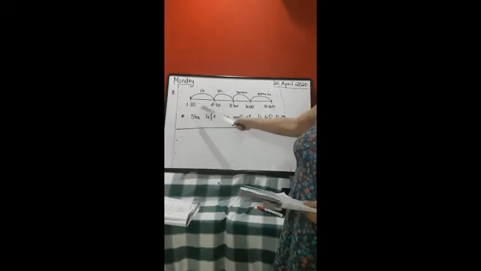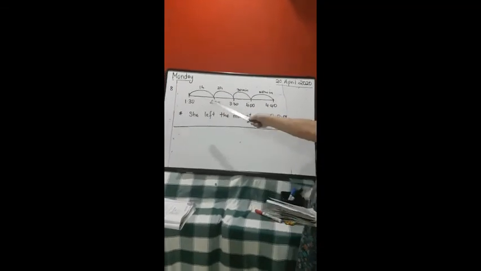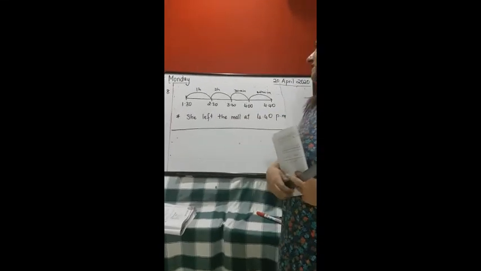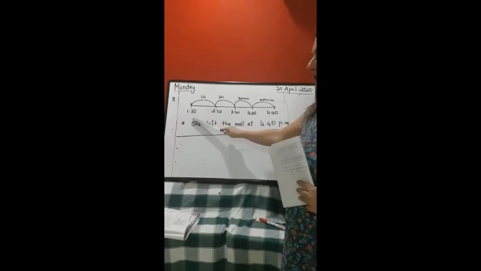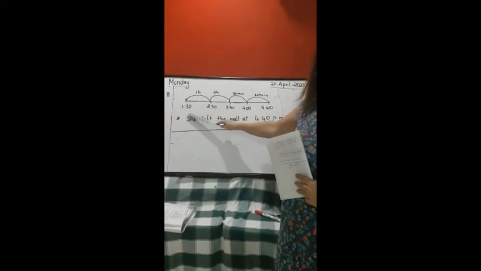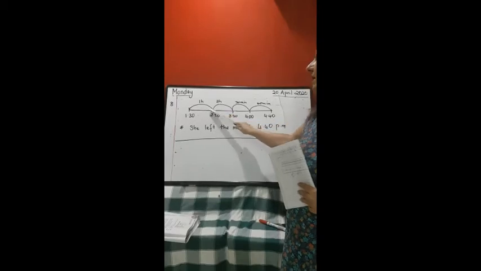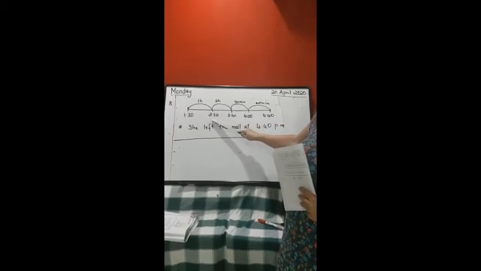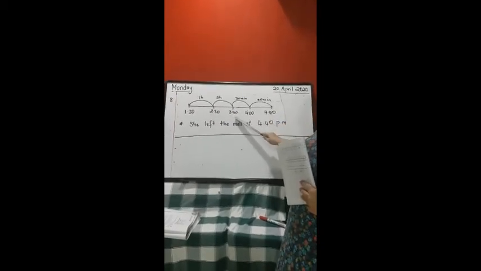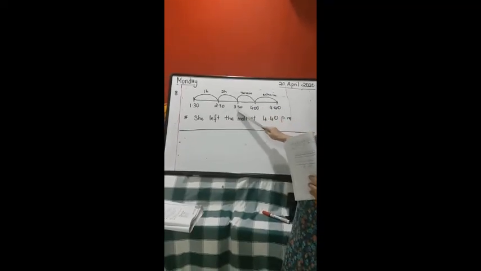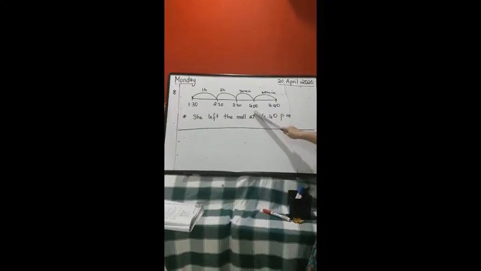So I've drawn a timeline with the start time, alright? She started at 1:30. So she spent 2.5 hours or 2 hours and 30 minutes in the mall. So 1 hour is 2:30. Second hour is 3:30. 30 minutes, 2 hours and 30 minutes. 30 minutes is 4 o'clock.